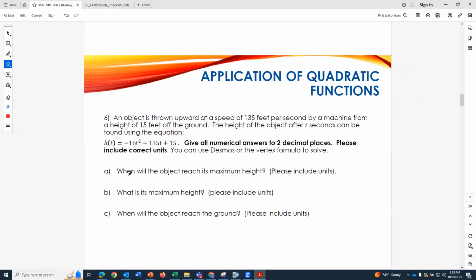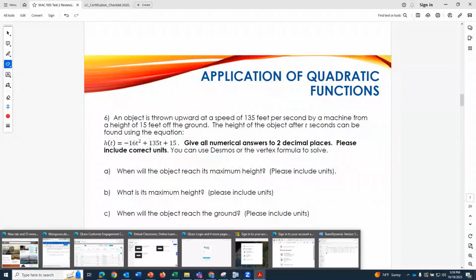We can use decimal. We can also just use the quadratic formula. Since we used the vertex formula twice, let's go to decimal and look at this one. It's negative 16 t squared plus 135t plus 15.